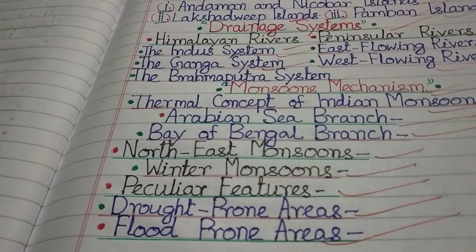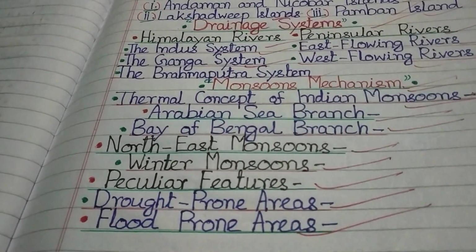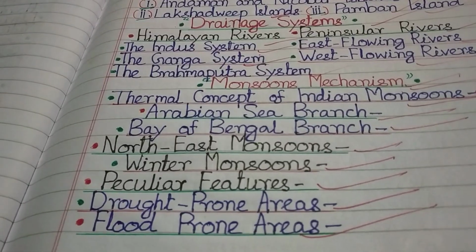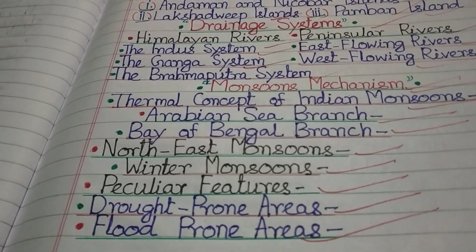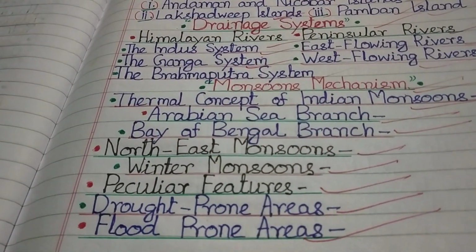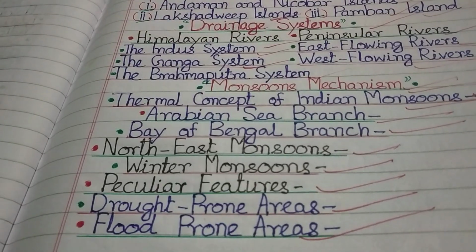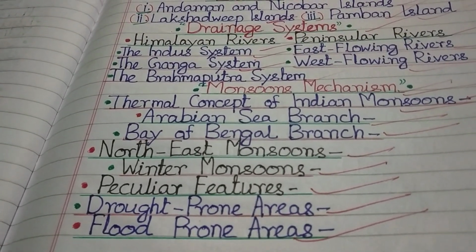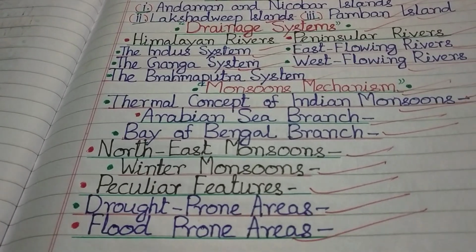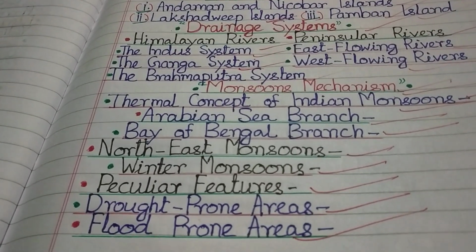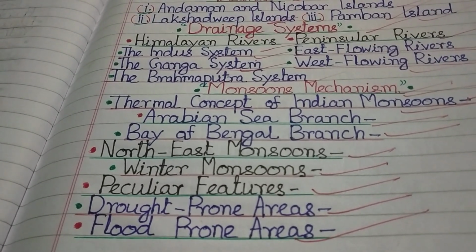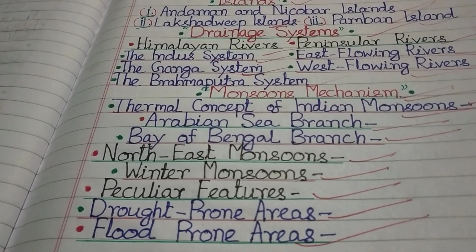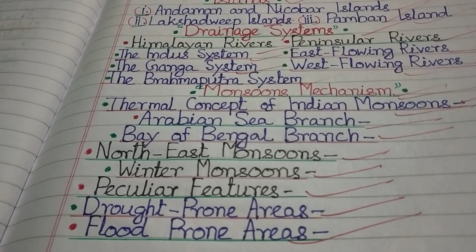As a result, the areas lying north of the equator, tropics and subtropics, get a progressively higher incidence of solar radiation. The effect of this phenomenon on the Indian subcontinent is intense heating of the vast northern plains and the adjoining highlands.